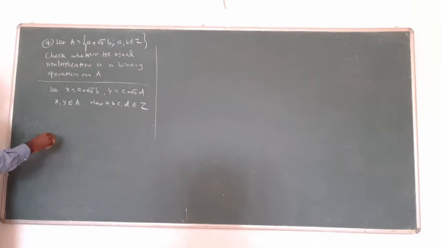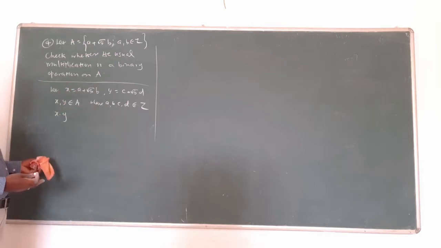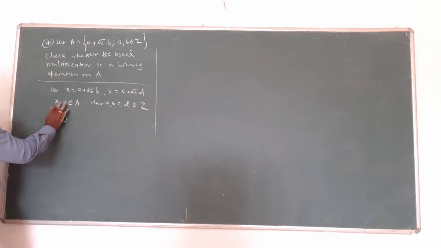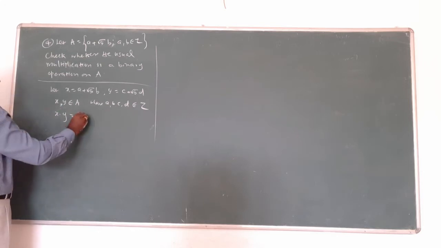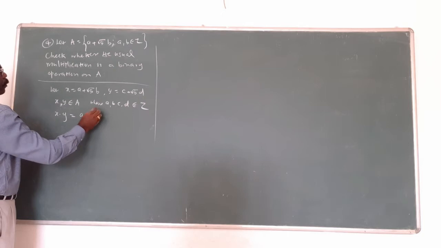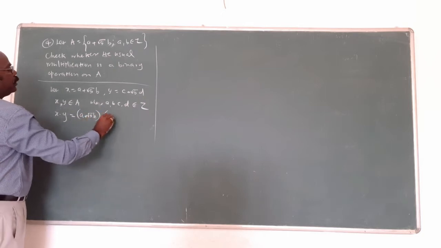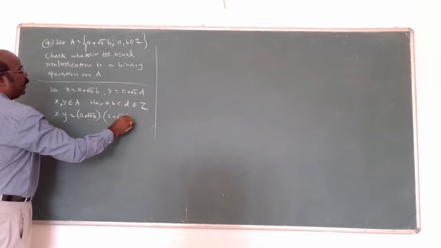Now you want to do x into y. That also should belong to A. Then only multiplication is a binary operation. Now I want to do x into y. x is a plus root 5 into b, into c plus root 5 into d.